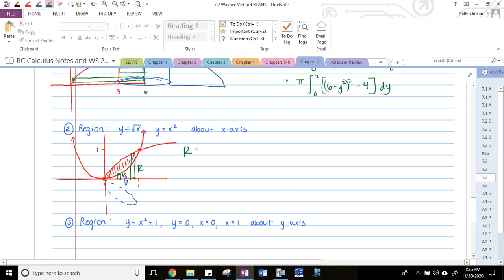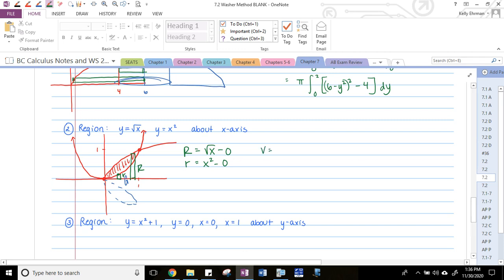The outer R is the curve that's on top, which is the square root of x graph, minus the axis of rotation, which is 0. The little r, it's not fixed, it's changing too, it's x squared minus that axis, which is 0.